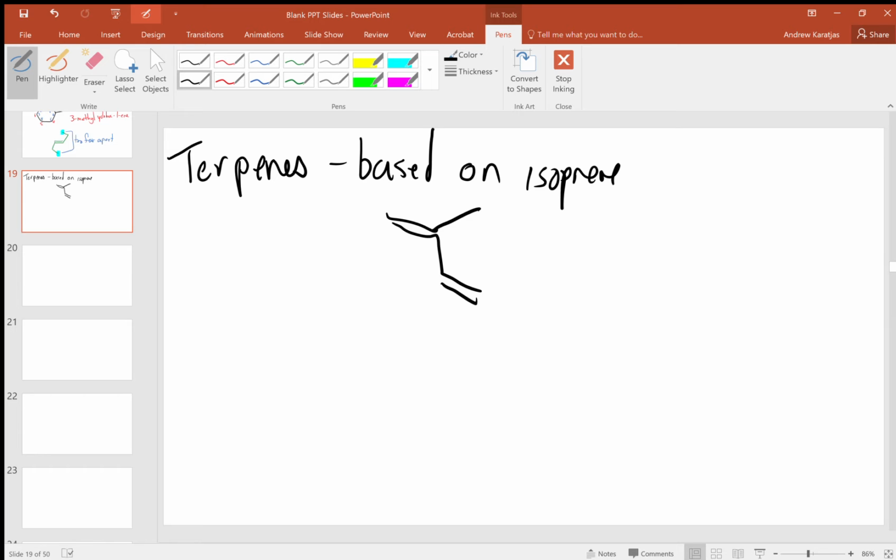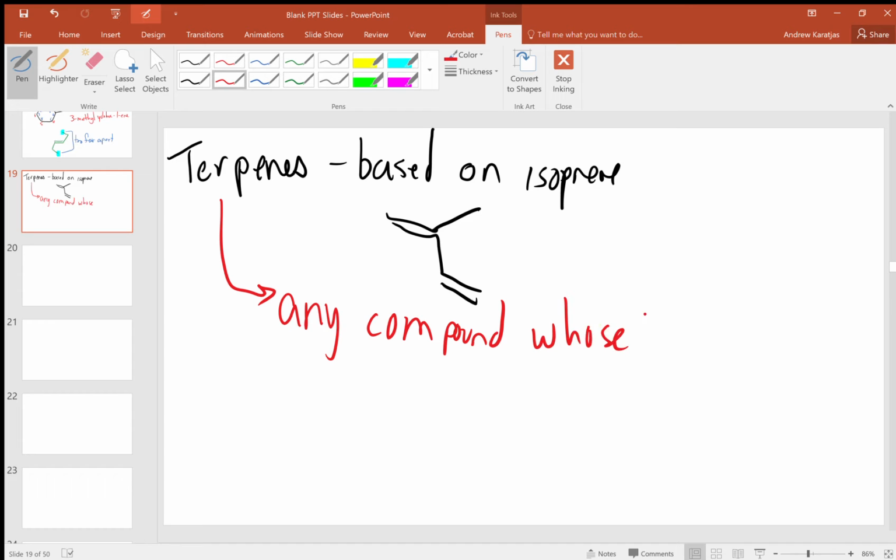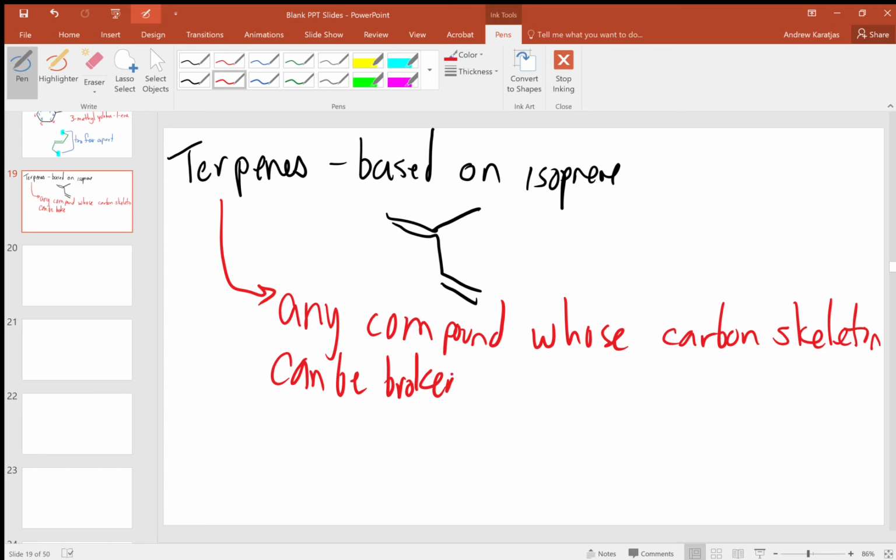Now, a terpene is any compound whose carbon skeleton, its carbon backbone, can be broken into 2 or more isoprene units.